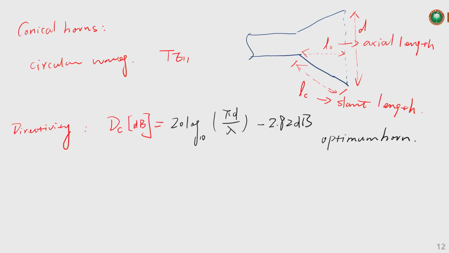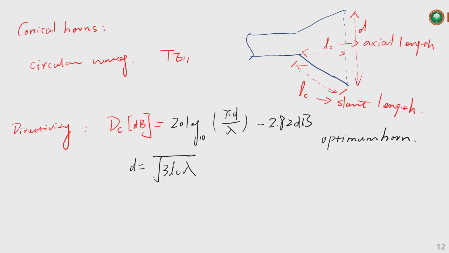It's related to D, the diameter of the aperture size, so the aperture size cannot be changed randomly. It also depends on lambda. It's related to the slant length and the wavelength together.